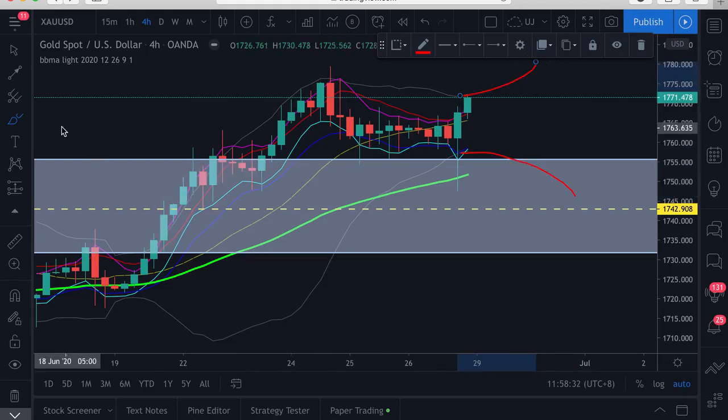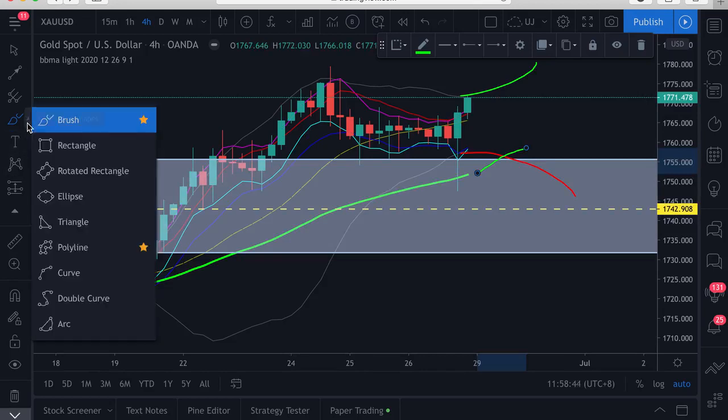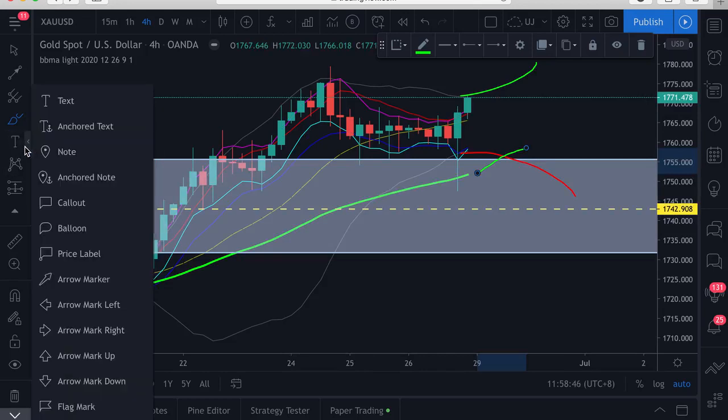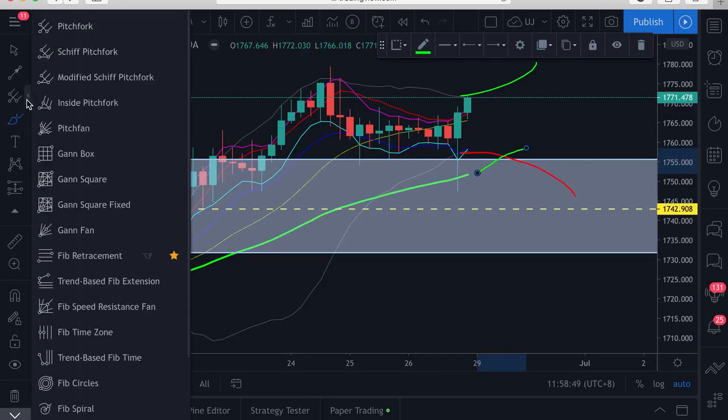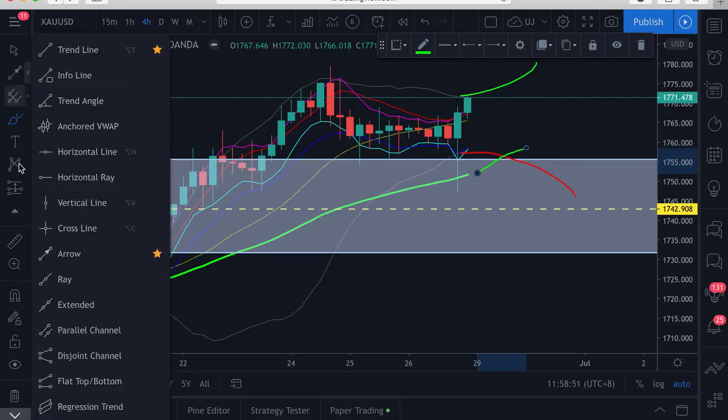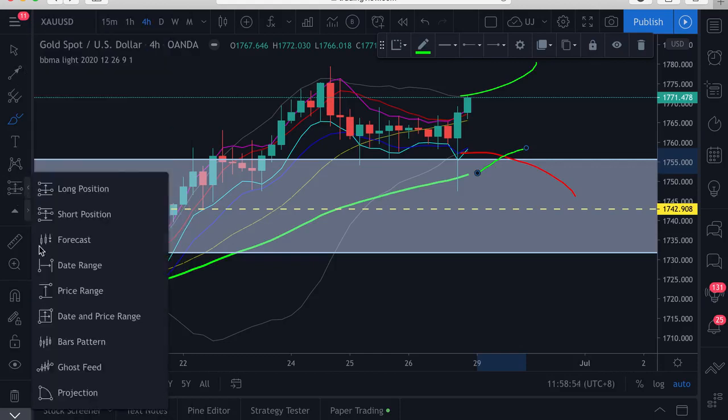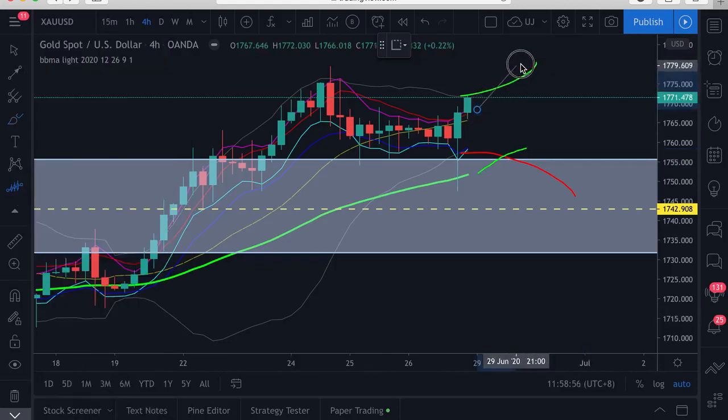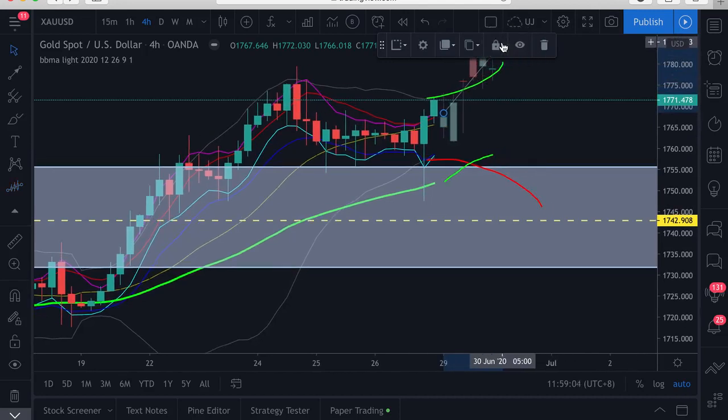Okay, and once this EMA 50 comes back like that, usually what happens is the price will continue, usually it will do something like this, it will go up and go up very fast.